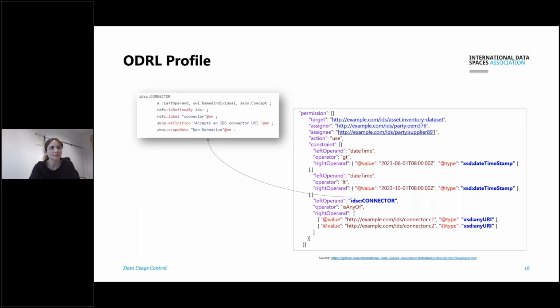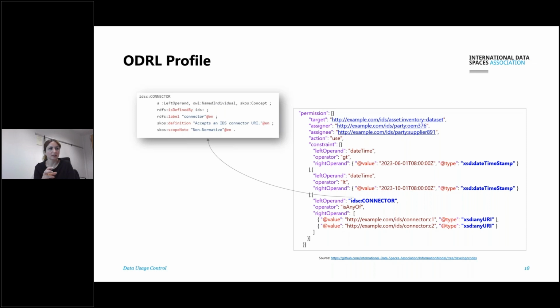For example, the first term that exists in IDS and doesn't exist in ODRL, and is actually very important for us, is about the connector. If I want to specify a policy that restricts the usage of my data to specific connectors, then I wouldn't have any left operand in ODRL terminology that could help me. So that's why the IDSC connector, for example, was defined.